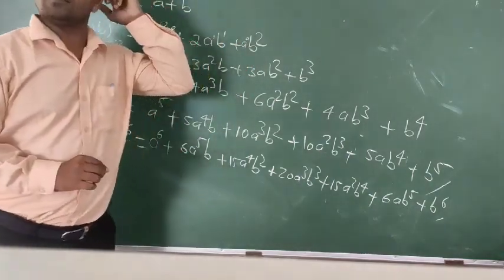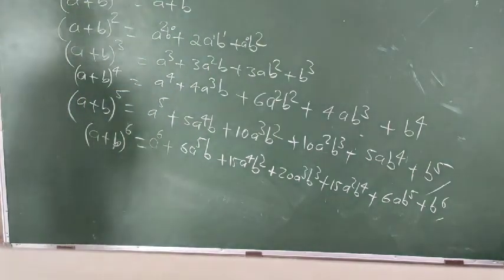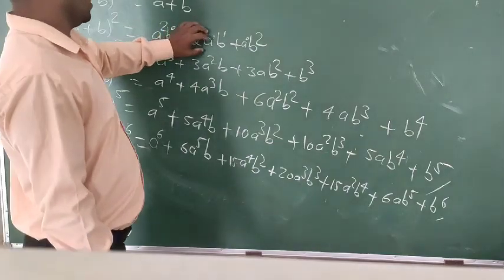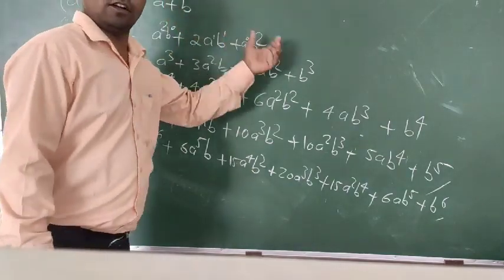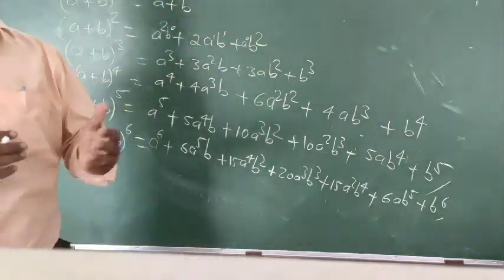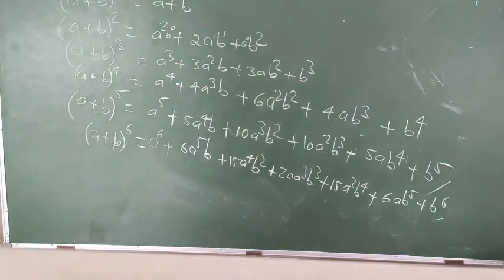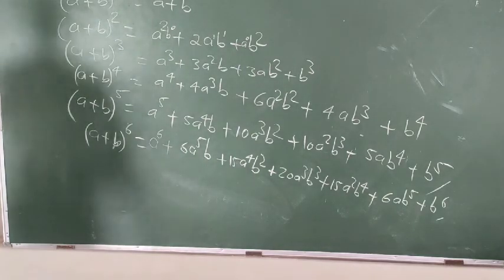So you will get this one. Here students, we are not talking about the coefficients, how we are getting these coefficients. We are just increasing and decreasing: the power of a you have to decrease, and the power of b you have to increase. So let's see the next one.